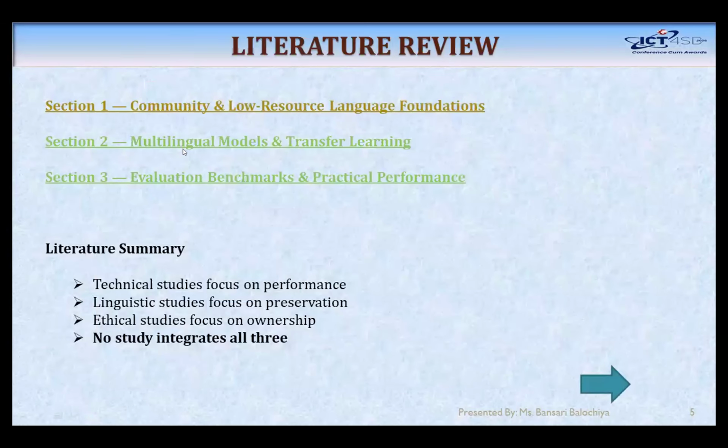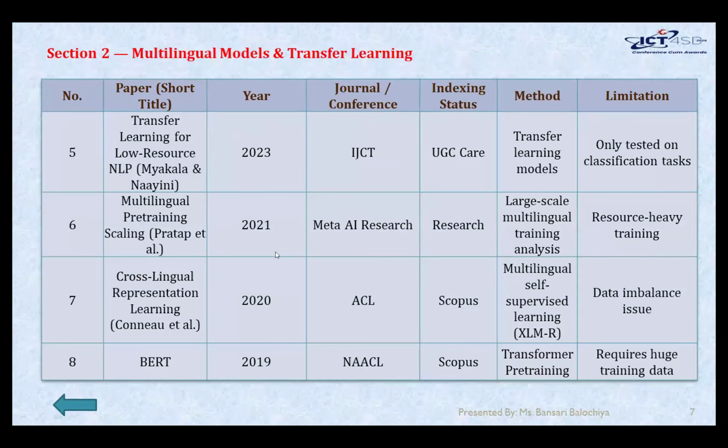Second section is multilingual models and transfer learning. This section consists of transfer learning models like transfer learning for low resource NLP, multilingual pretraining scaling, cross-language representation, and BERT. This methodology consists of transfer learning models only tested on classification data, resource-heavy data they have to adapt.